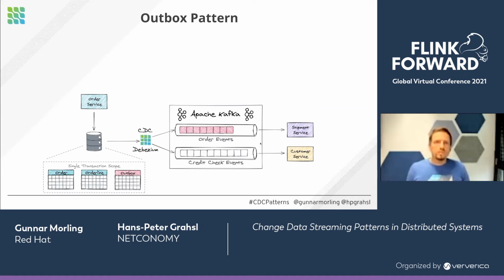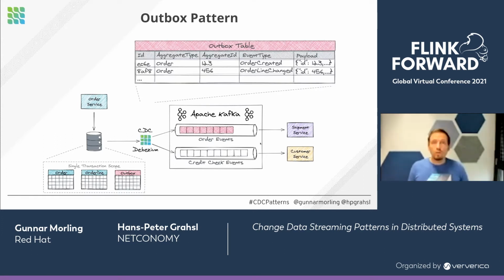When it comes to the structure of this Outbox table, we are basically free to design it in a way that we need for our own purposes. In this example, we see an Outbox table that borrows ideas from an aggregate structure, which we know from domain-driven design.